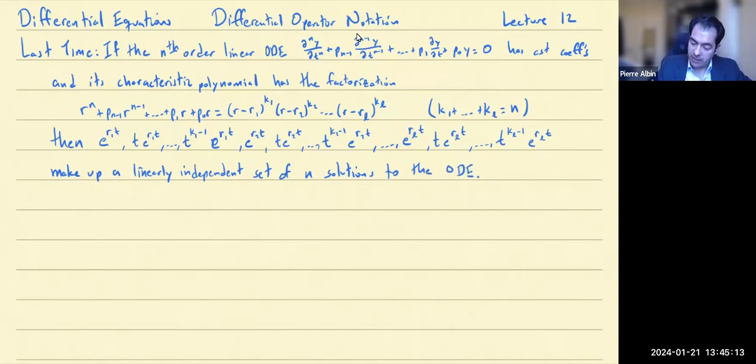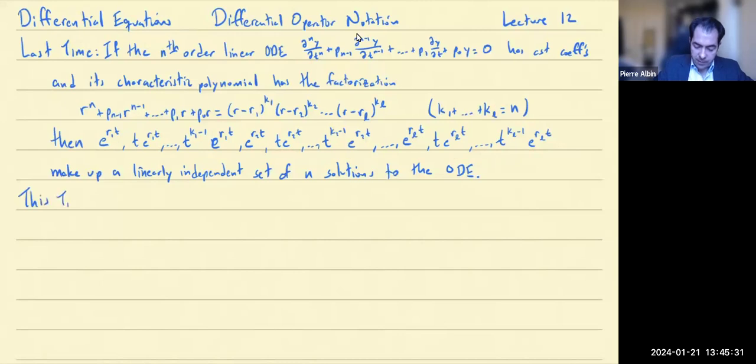And as soon as you have n linearly independent solutions to your linear ordinary differential equation, then the general solution is just a linear combination of those solutions. Okay, so that's what we saw last time.